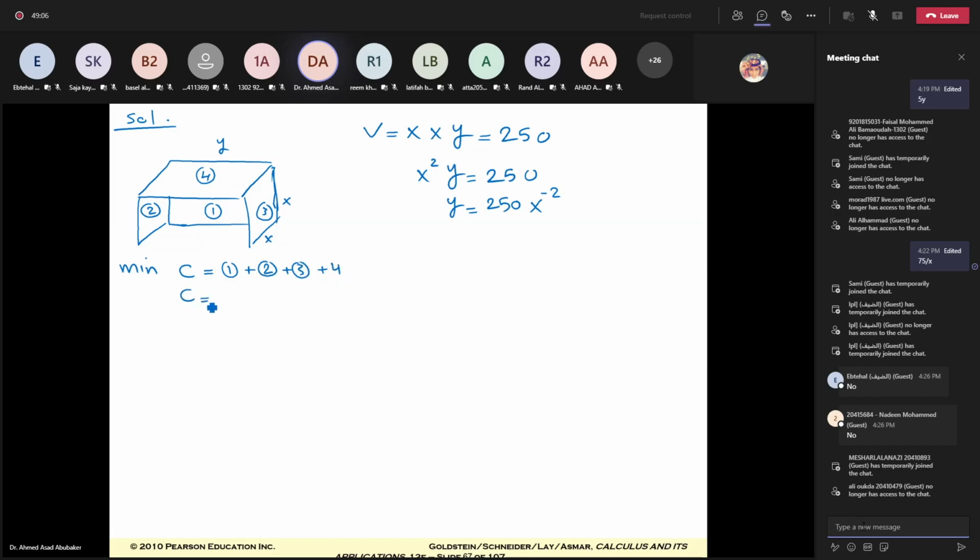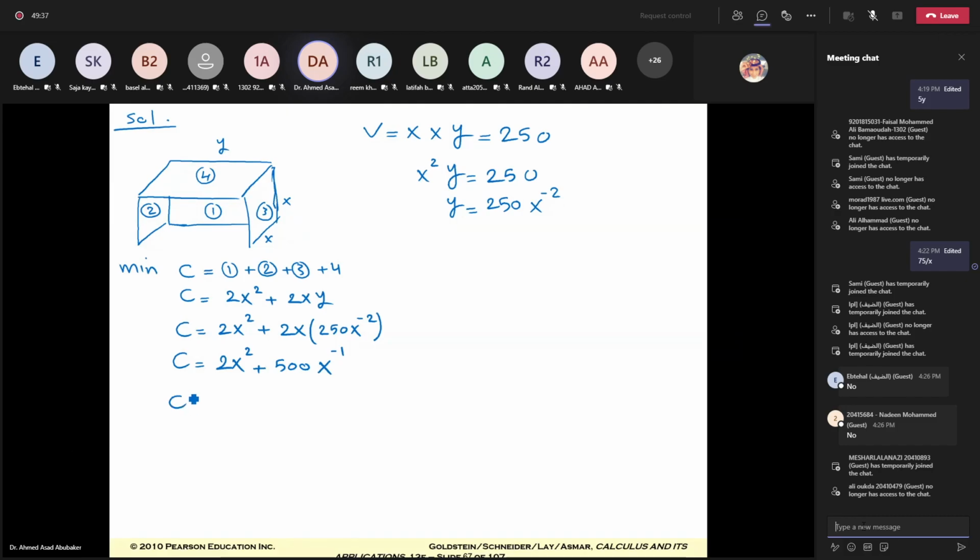So the C equals 2x square plus 2xy. Okay. Now, what's the value of y? The value of y equals 250 x to the power minus 2. So the C equals, after simplifying, 500 x to the power minus 1.